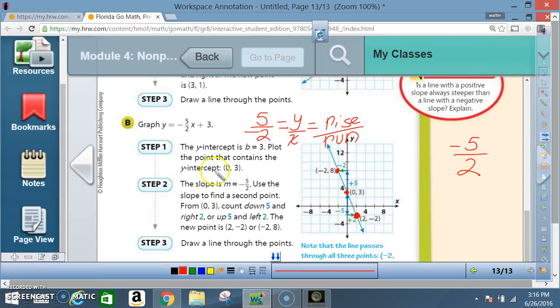And to give you one more example, if they were to give you something like negative 3 over 4, once again, the negative sign is in the middle. That means the slope can be written as negative 3 over 4 or 3 over negative 4. Because you have to count in 2 directions, the upward direction and the downward direction. Okay, that concludes example number 1.